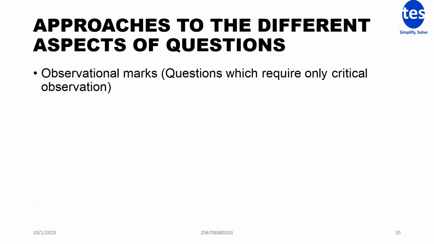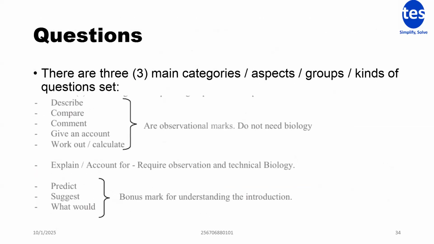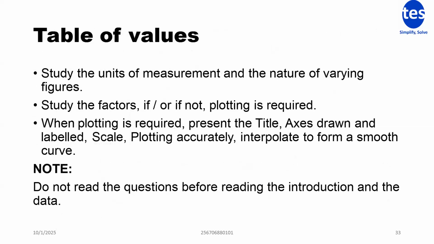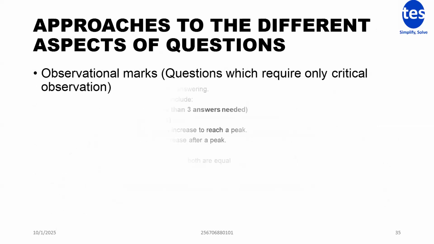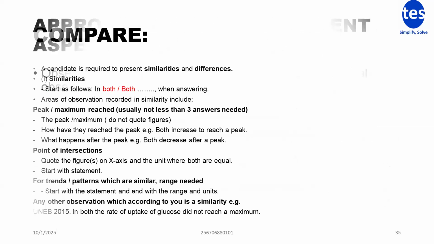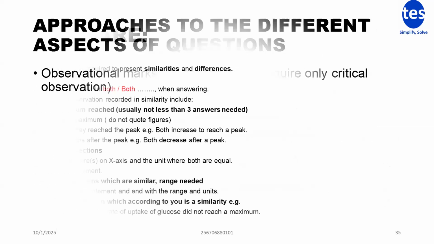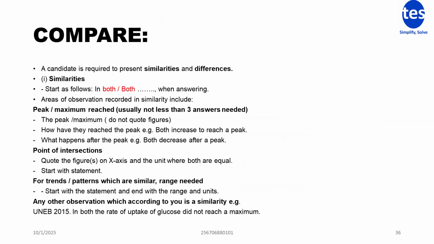Maybe I think we shall briefly also go through the most common approaches. Of course, the most common command word is compare. For compare, you must give similarities and differences. Okay?